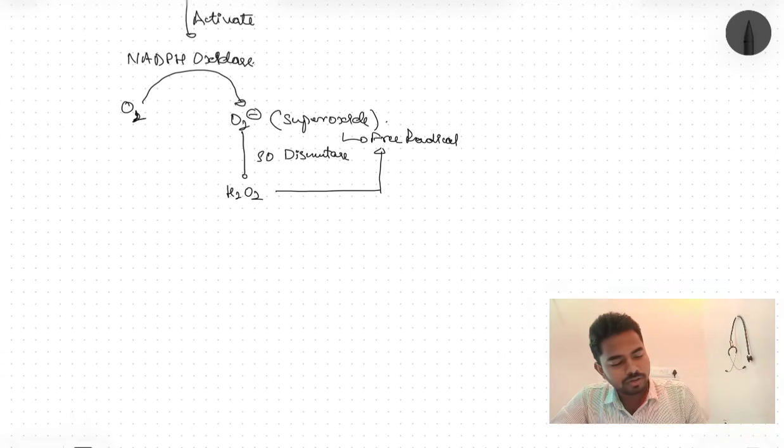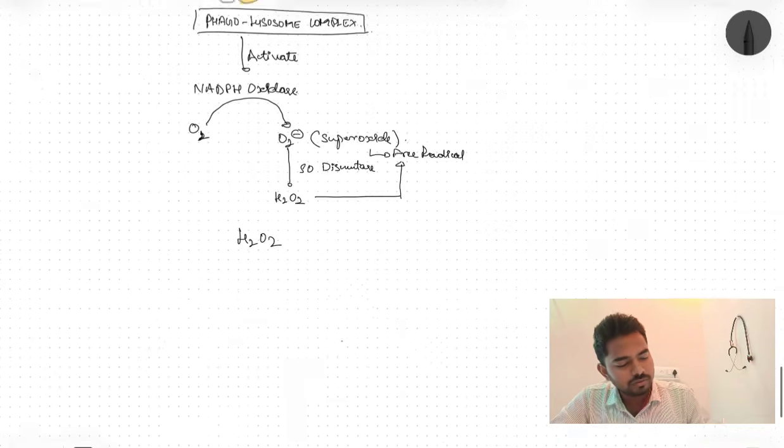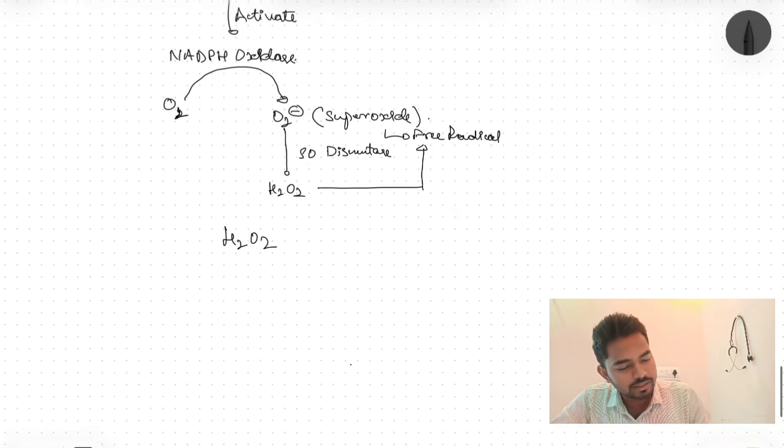We got hydrogen peroxide. Now the next step is halogenation. Halogenation will occur.